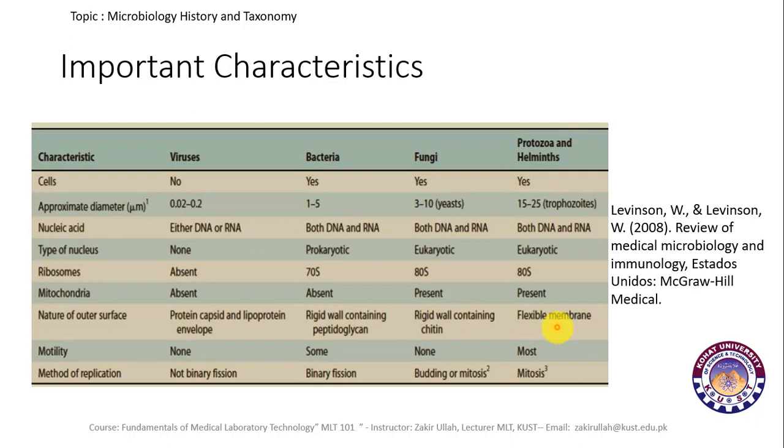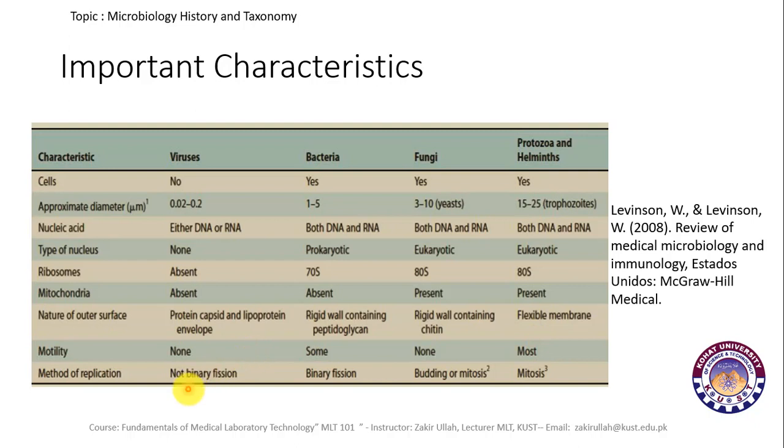So, all the microbes have different types of cell membrane. The motility is absent in the viruses, while some bacteria are motile and certain bacteria are non-motile. The fungi are overall non-motile, whereas most protozoans and helminths are motile.